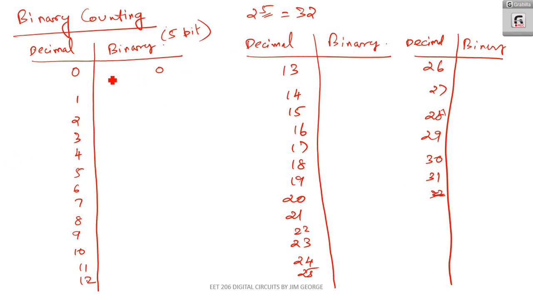So first 16 you can write as 0, and the next 16 as 1. That is up to 31.